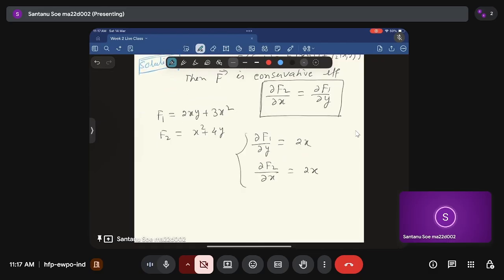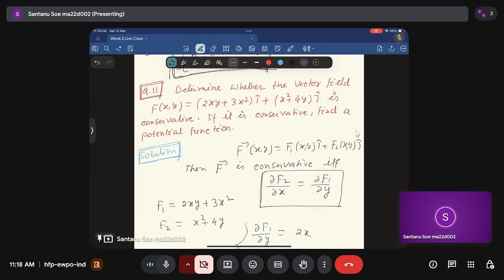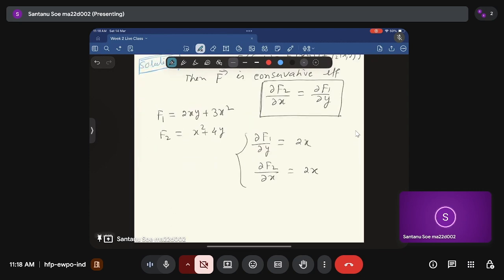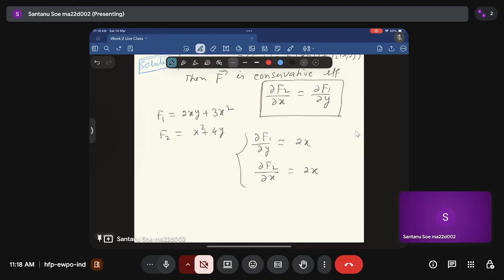So from this, we can say that f is conservative. So that means by the previous result, it has a potential function. That means f can be written as gradient of phi. Okay. Now our job is to find that potential function phi.